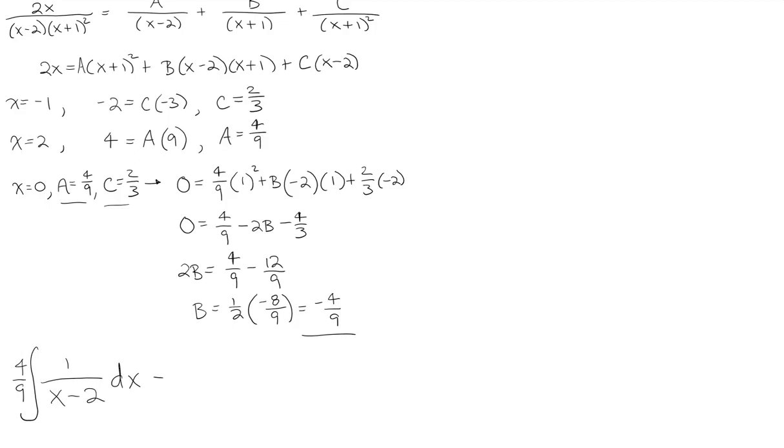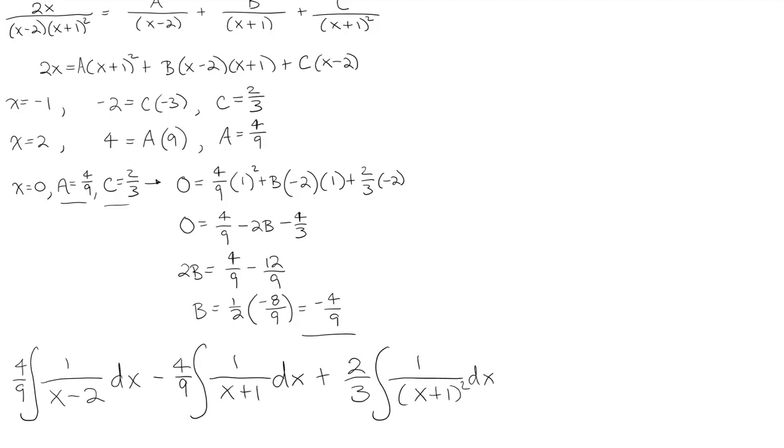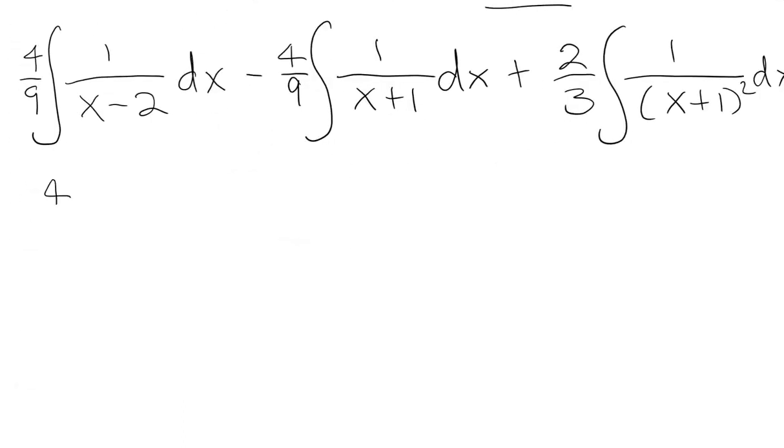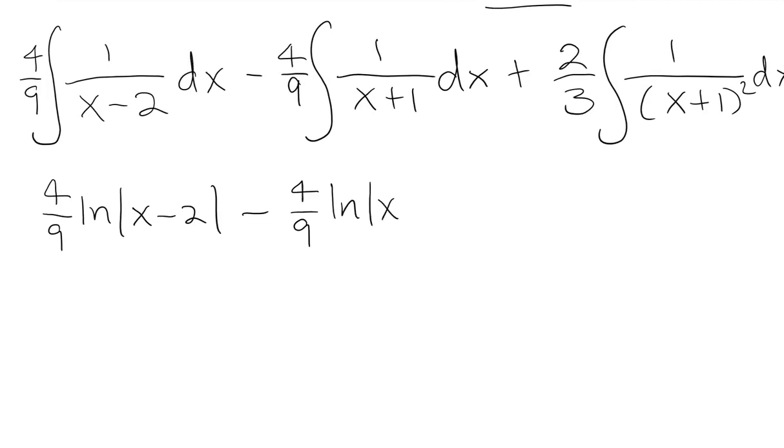So minus 4 over 9 integral of 1 over x plus 1 dx, and then for our last term we'll have plus 2 over 3 integral of 1 over (x plus 1) squared dx. Now quickly solving these integrals, we get, well, this will be the ln, the natural logarithm, the absolute value of x minus 2, minus 4 over 9 times the natural logarithm of x plus 1.